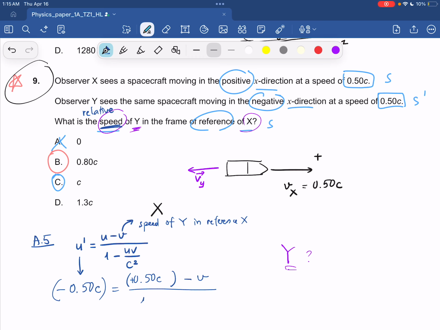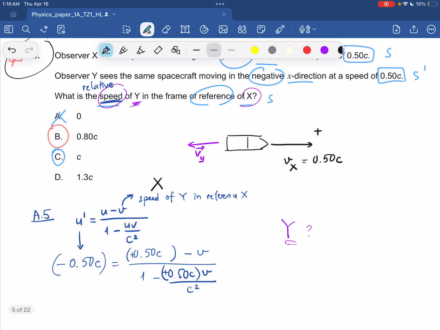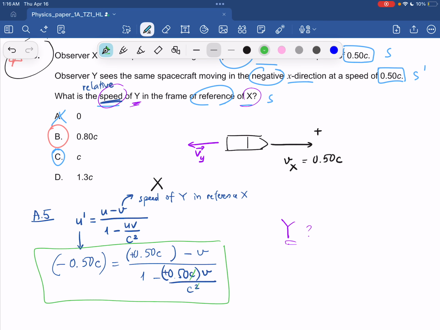And then over 1 minus u, here it is plus half of the speed of light times v over c squared. If this one and this one, you can cancel out one c. Now basically you just have to solve for v from this one.